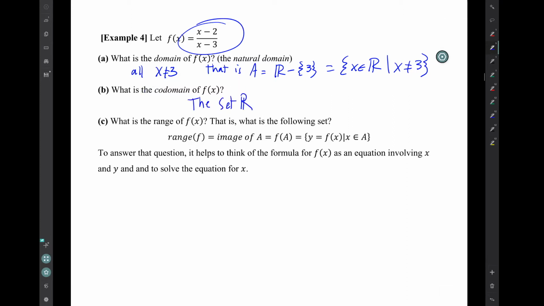Question C is, what's the range of f of x? That is, what is the following set? The image of set A, that is the set of y values that you get when you use x's in that set A above.